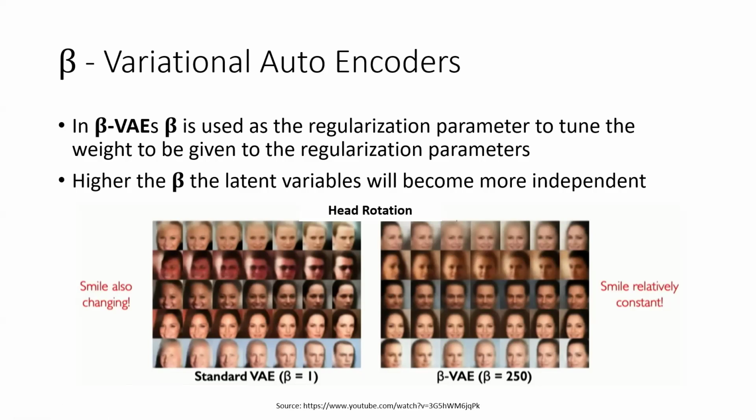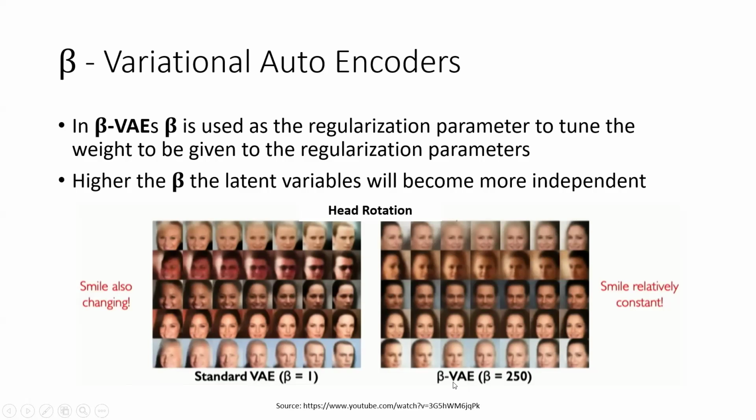And also, the downside is that when you increase the regularization, the weight for the reconstruction loss gets reduced, right? So basically the image quality can get affected. In this image you can see the image quality is higher than in this image, where the quality is low and kind of blurred, but the variables got independent from each other when you increase the beta.